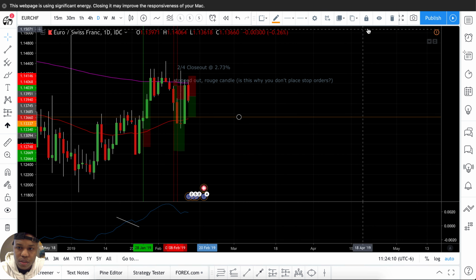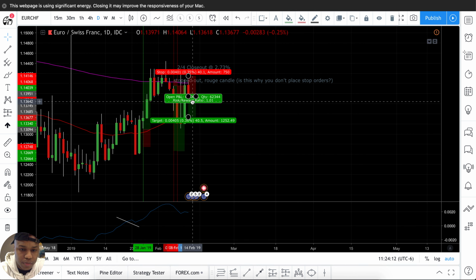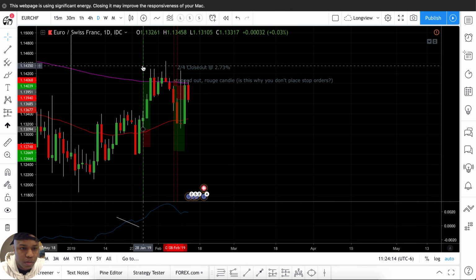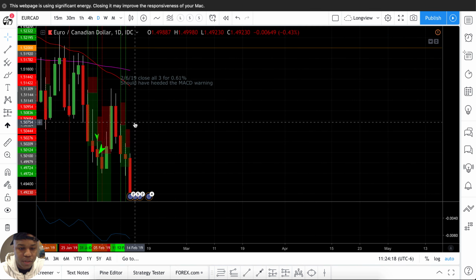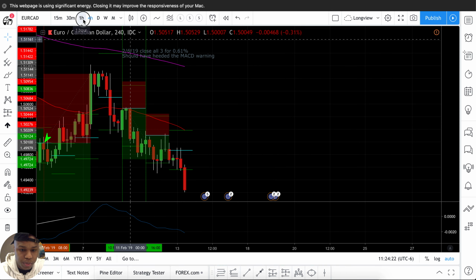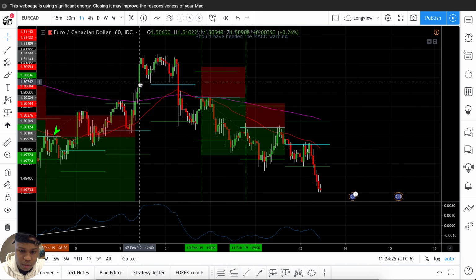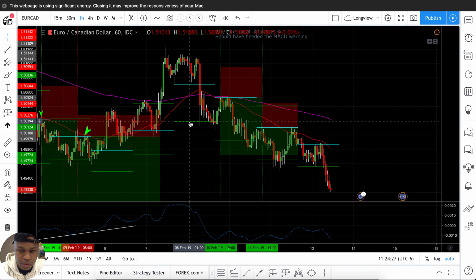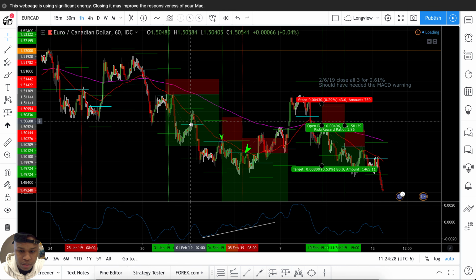There's no reason to trade something like this for me because I'm not coming from a sense of desperation where I have to take a trade. I think that's where people really mess up, is they feel like they've got to take positions.